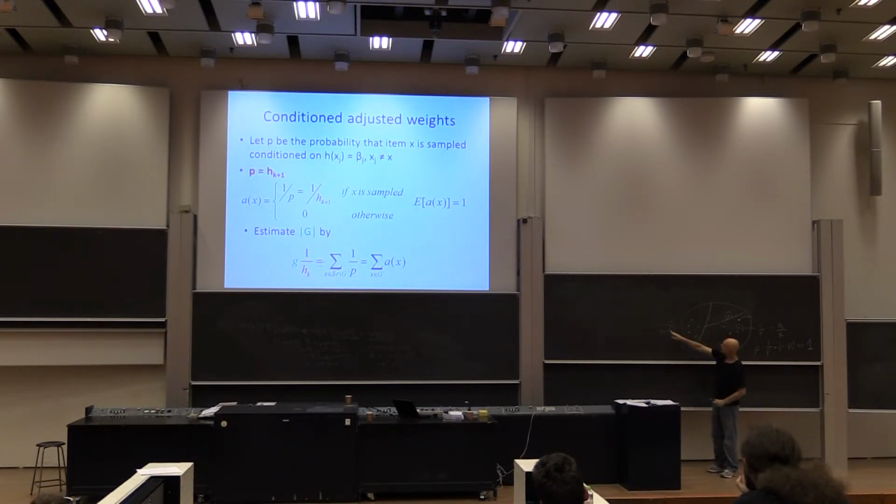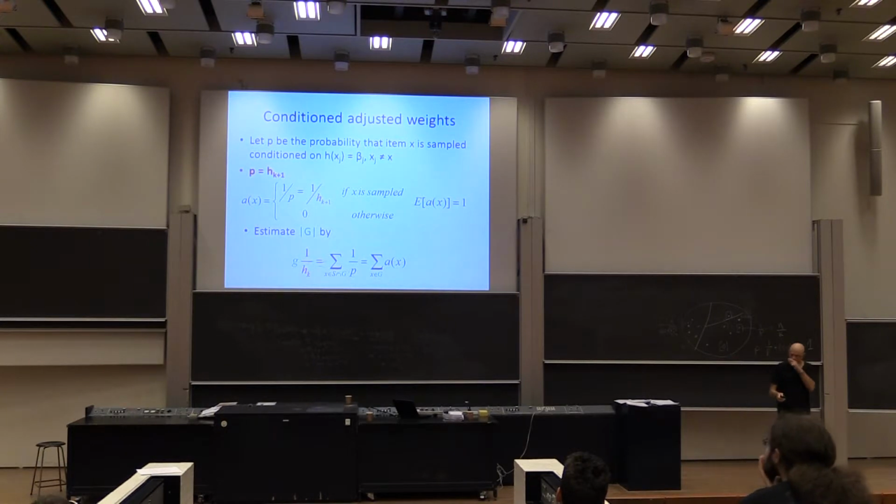When X is in the sample, suppose this sample contains X, H_{k+1} is the k plus 1 largest, so it's exactly the kth largest among those that are not X. So it will be exactly this number, which is the probability that X is in the sample conditioned on you being in this particular subset.